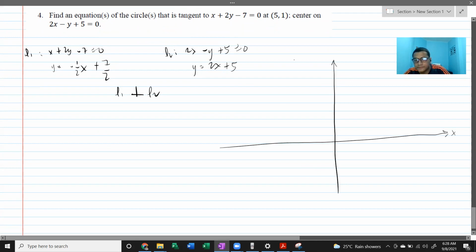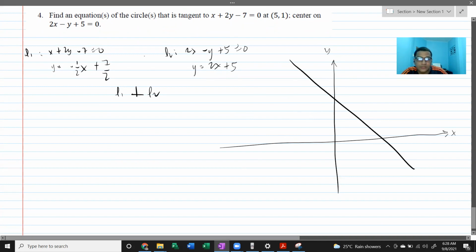So first, this one, we have a -1/2. So ganito siya, ganito. And the intercept is +7/2. So 3.5 suppose dito. So sabihin natin ito. Next, we have 2x. So pag ganito siya, opposite. And ang intercept is 5.